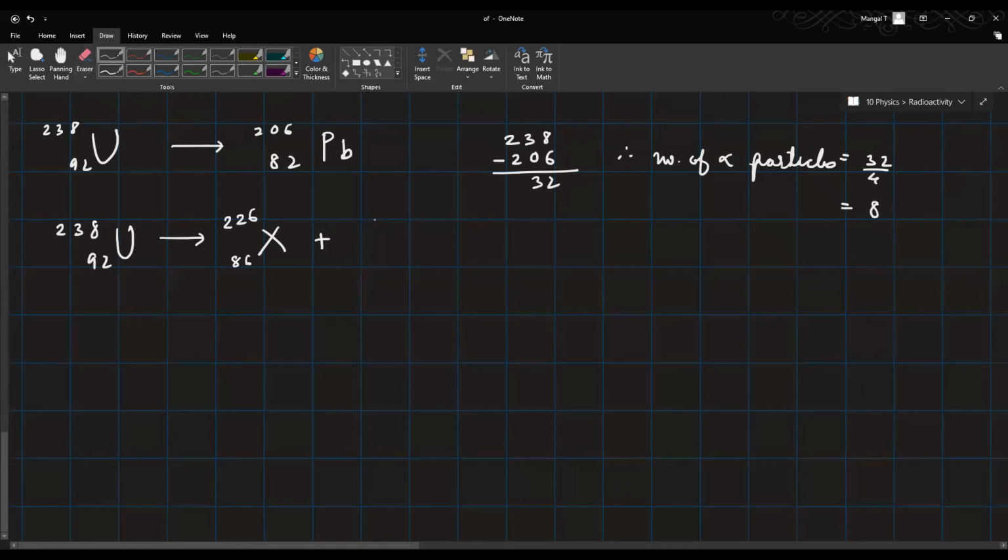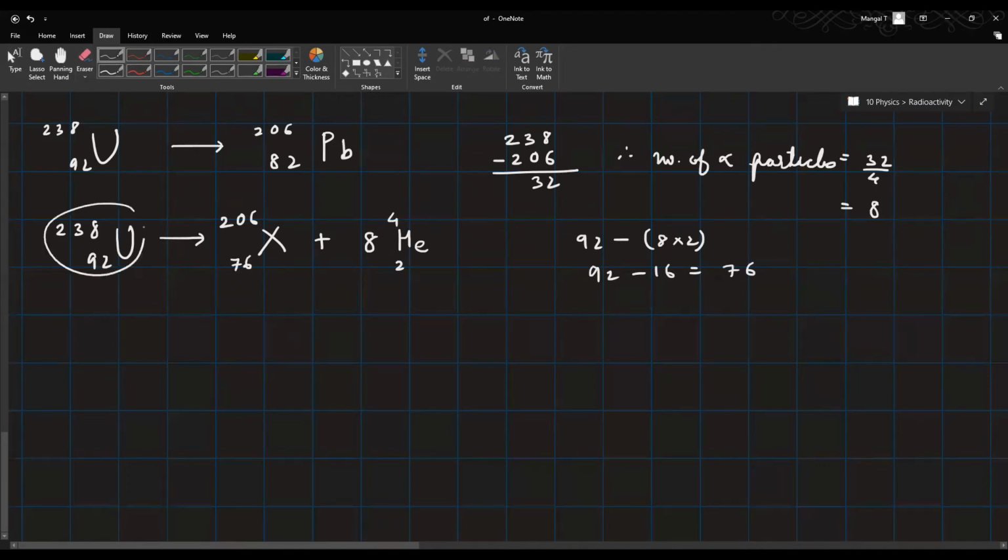So here if I write 8 alpha particles, this will become 206. But what about 92? 92 will be 92 minus 8 times 2, that is 92 minus 16. What will that be? Yeah, 76, right? So this will become 76. So when uranium-238 gives out 8 alpha particles, it becomes 206 and 76.